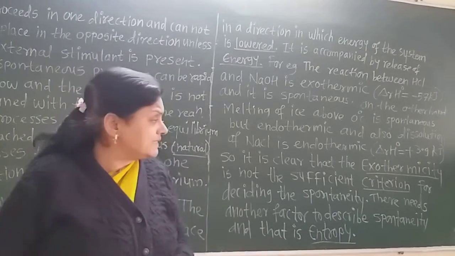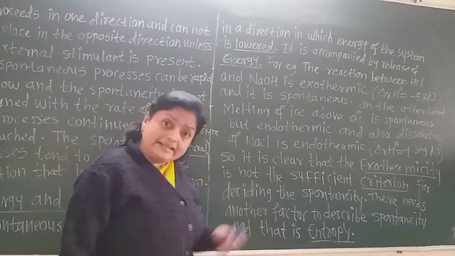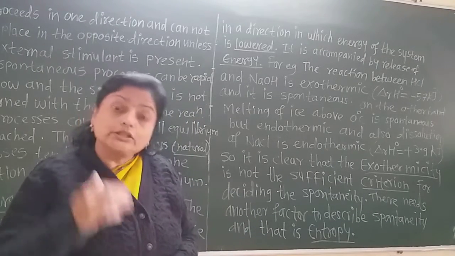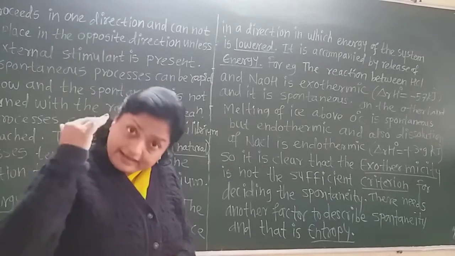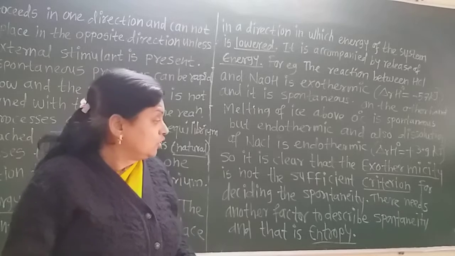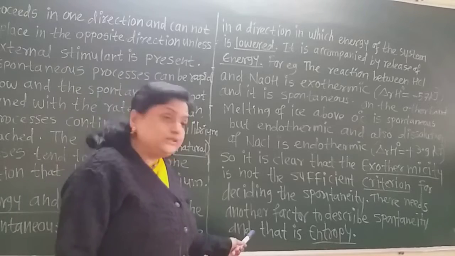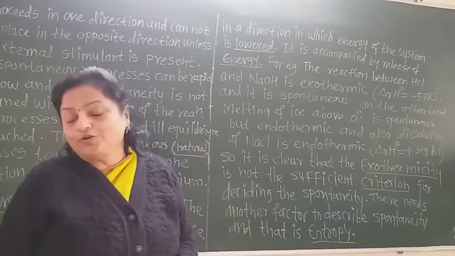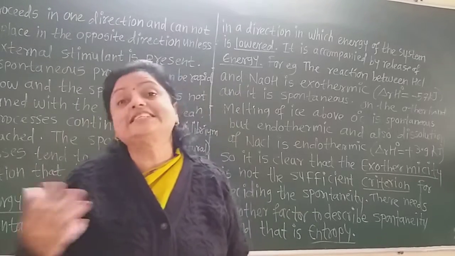So exothermicity is not the only criterion for deciding spontaneity. Therefore another factor is needed, and that factor is called entropy. We will learn in the next lecture what this entropy is.